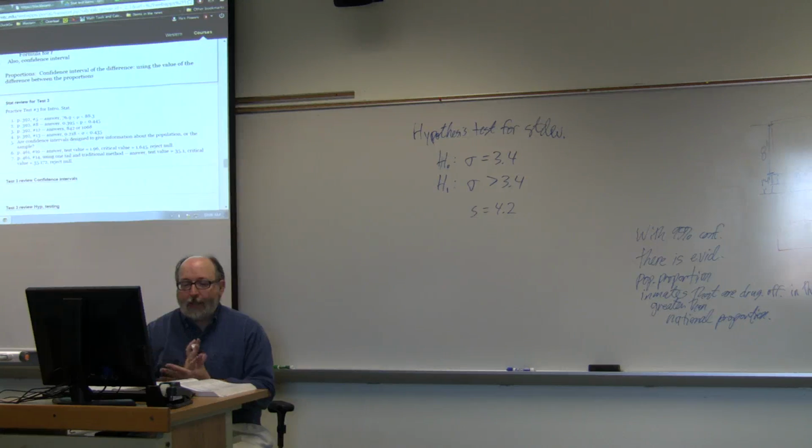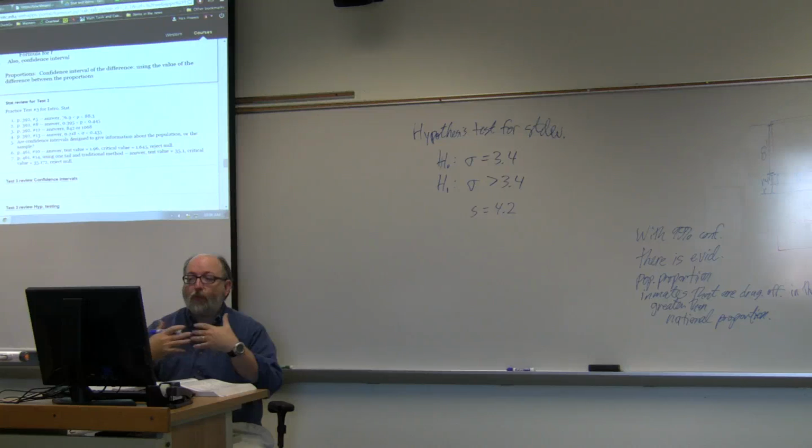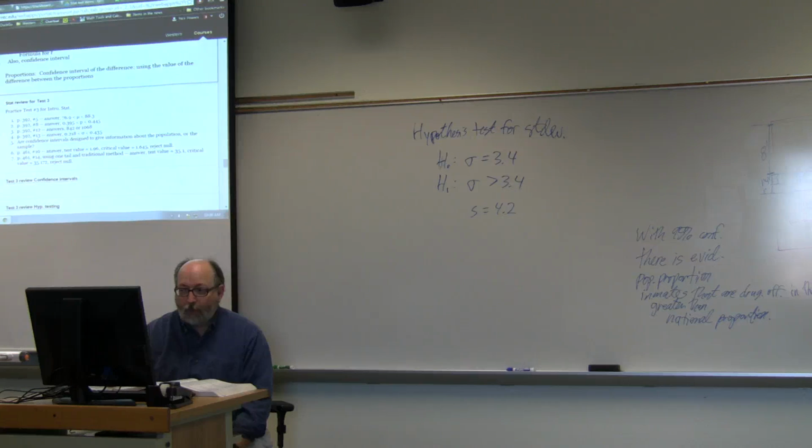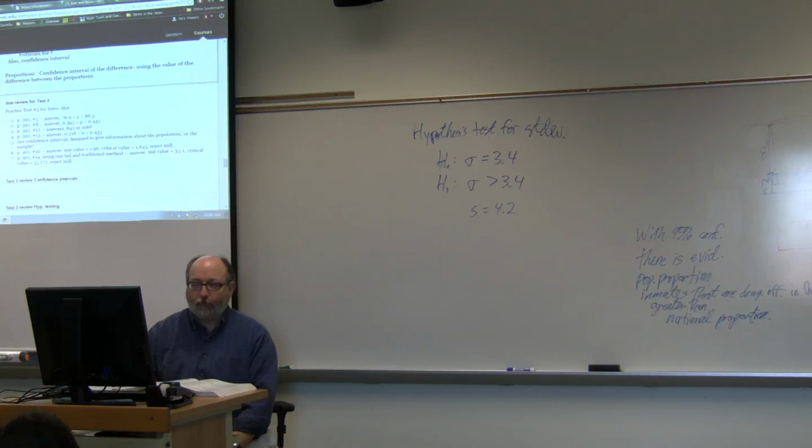We start with this idea, they think it's 3.4, but then we take a sample, and so that tells us which direction we're trying to prove. So we're trying to prove greater than. And as I mentioned in the problem, we're going to use one tail, and we're going to use the traditional method.